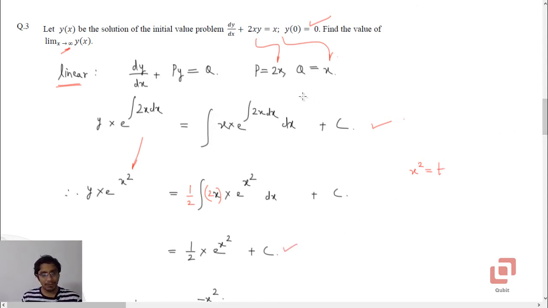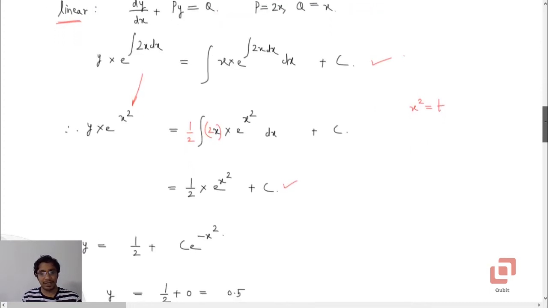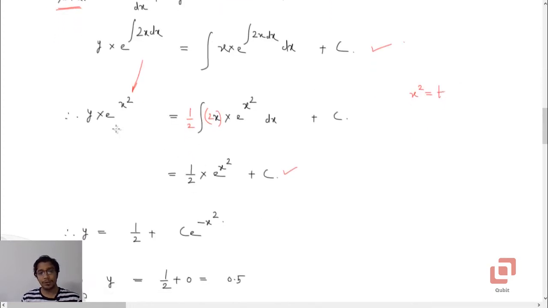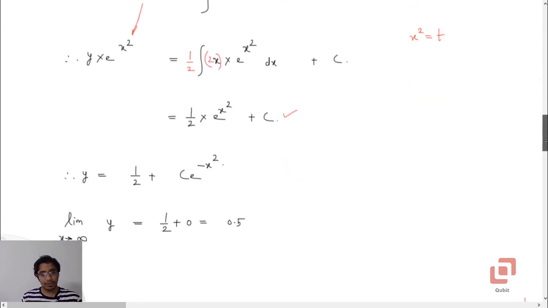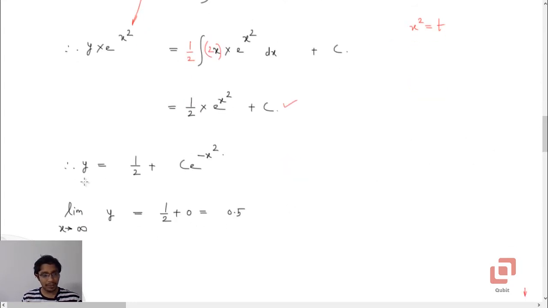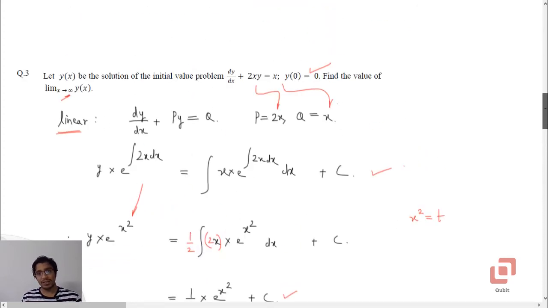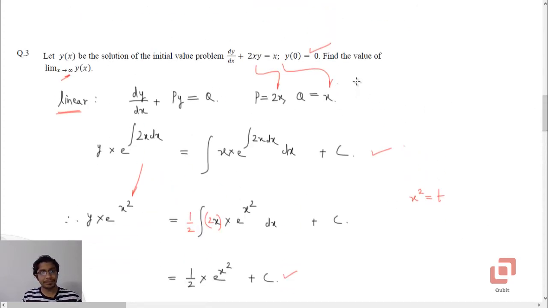Now we need to find the limit of y. So first let us divide everything by e to the power x squared. So we are now going to get this. Although this is the general solution, we can actually find the answer without using the initial condition y of 0 is 0.